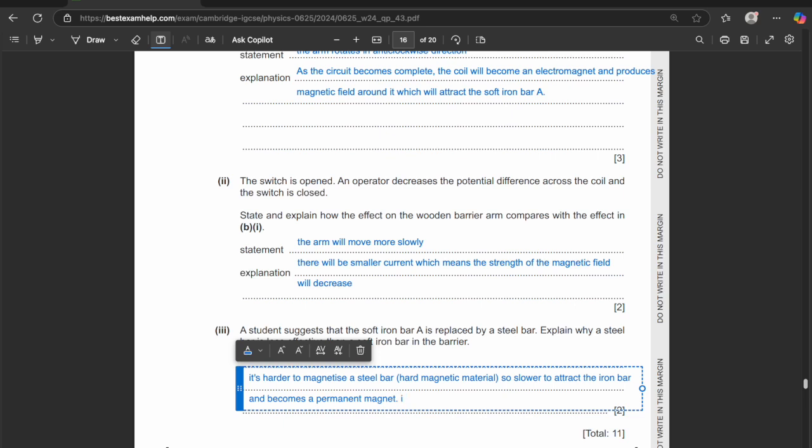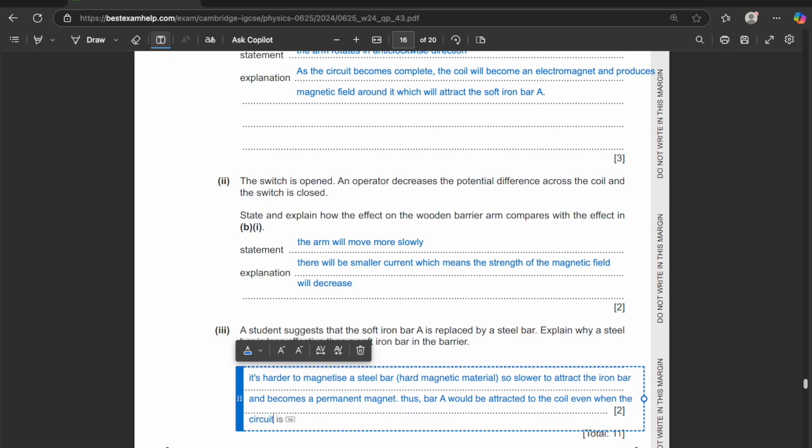So this bar A, the iron bar, this red bar A would be attracted to the coil even when the circuit is open.